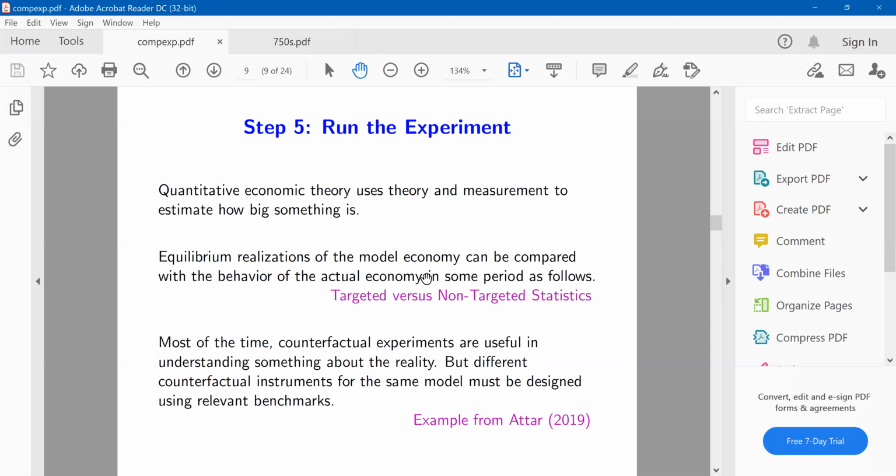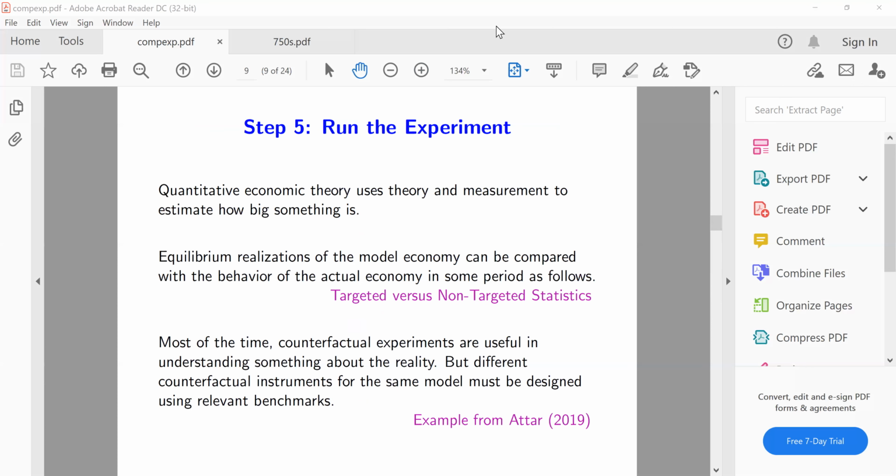Because if you are doing the calibration exercise, remember you are using the solution of the model and you are using some data moments. Suppose that you use y1 and x2 to calibrate alpha 3.